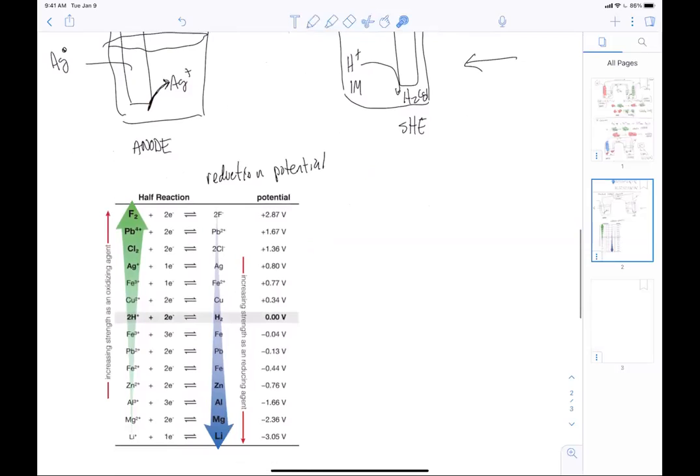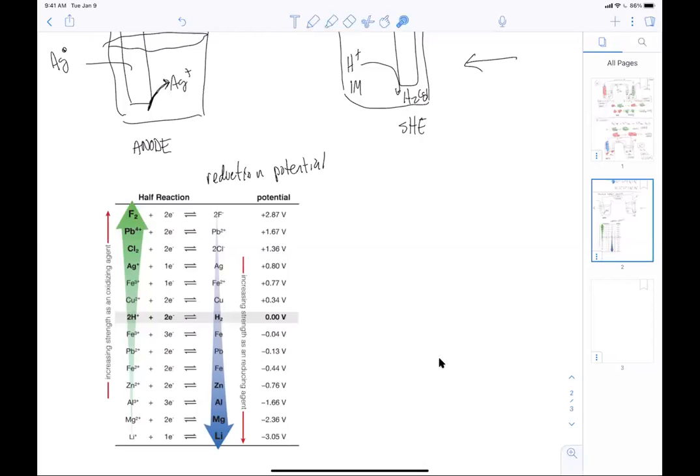I can post the link in the chat window. There's a larger table of standard reduction potentials that you can look at. So for any kind of metal or redox reaction you can dream up, there's some sort of reduction potential that you can look up.